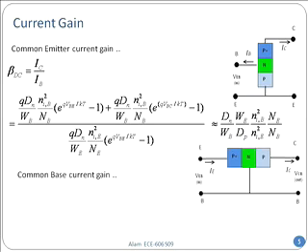Now, if you wanted to do a common base configuration, well, that's not difficult either. For example, in that case, you will define another quantity called alpha DC, which is the DC transfer gain, which is the ratio of IC over IE. Look at the top one. Beta is IC over IB, right?